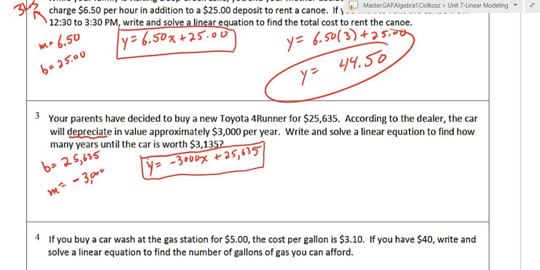It's depreciating. Now for solving, we want to figure out how many years. So x is my number of years because it's that per year. So until we're worth this much. So that's my worth, and it's equal to my equation, and we're going to solve for x.